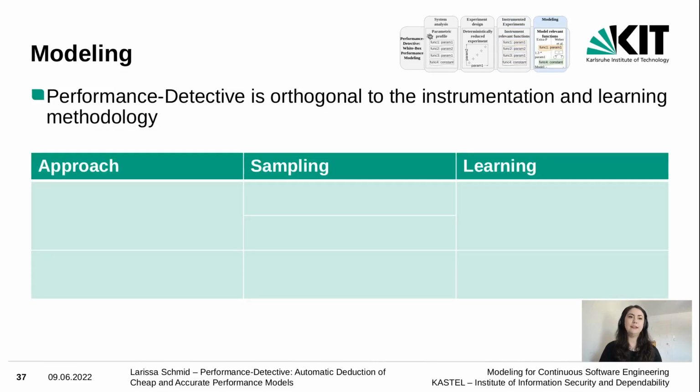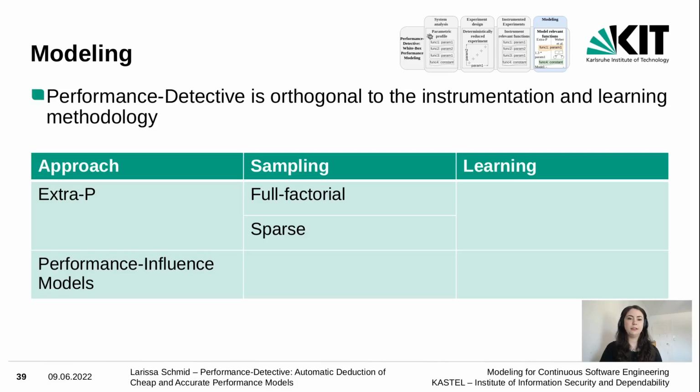As I already said, the usage of performance detective is orthogonal to the instrumentation and the learning methodology used, so we will also evaluate modeling with 2 different approaches, which are XRP and the performance influence models, where the XRP approach we will compare against a full factorial sampling and also the sparse sampling design, where they only take 5 values per parameter and 1 point of interaction between them.